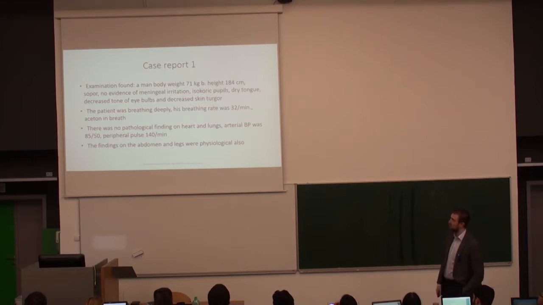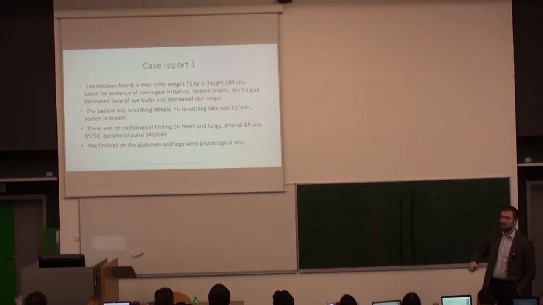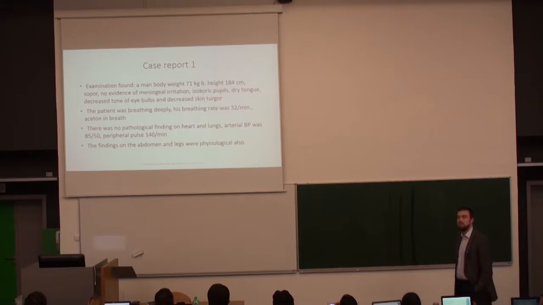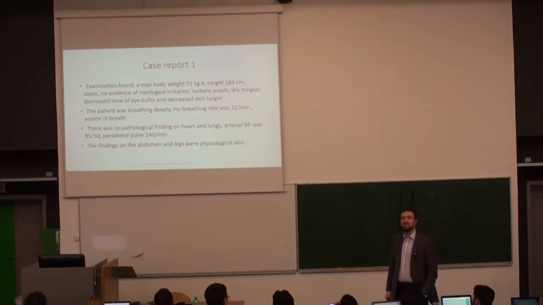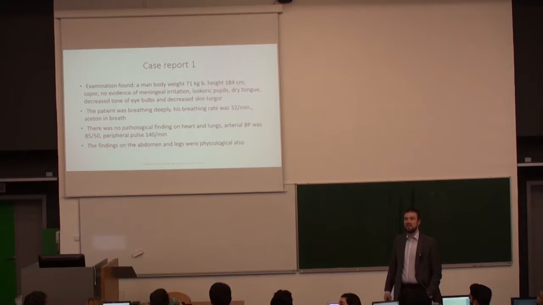So, could you explain me what does it mean, meningeal irritation? If I am no doctor, I am a wife of the patient, and you write this, so could you tell me, some of you, what is it? Irritation in the brain. Meningitis.